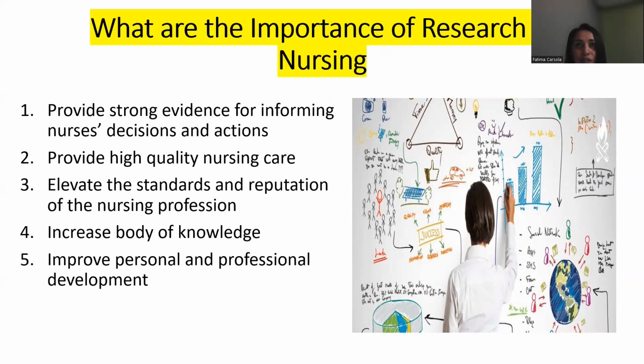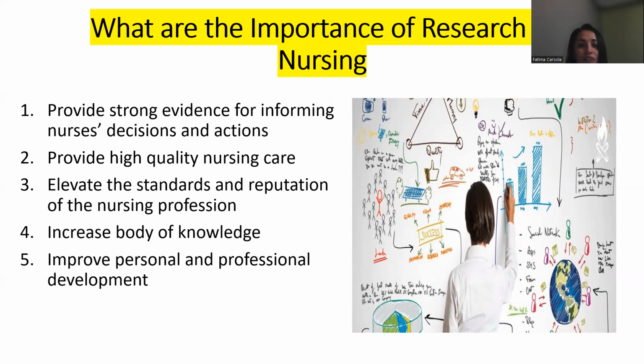Yes, it continually improves what has been practiced in the hospital, not only in the hospital, but in every nursing scenario. When we say nursing scenario, it could be in the academe, in the community, or anywhere the nurse works for certain clients or an institution. We also elevate the standards and reputation of the nursing profession because, again, nursing is indispensable.